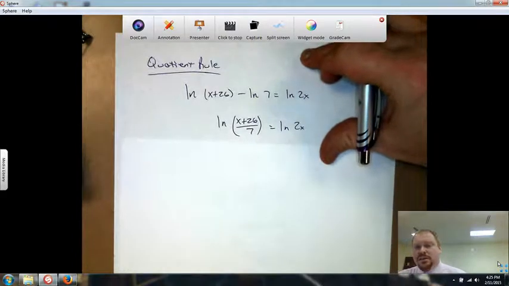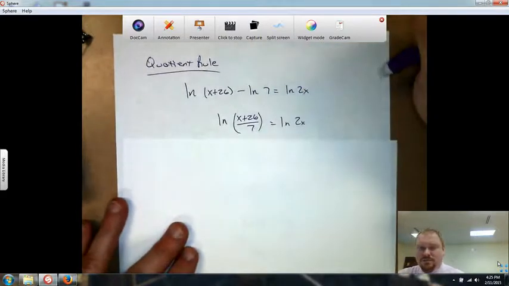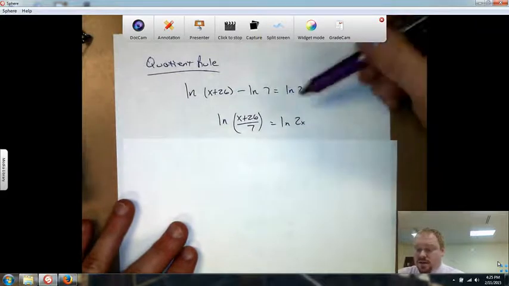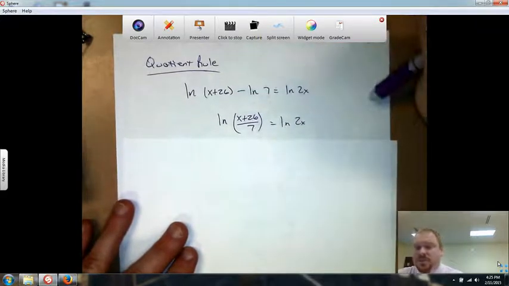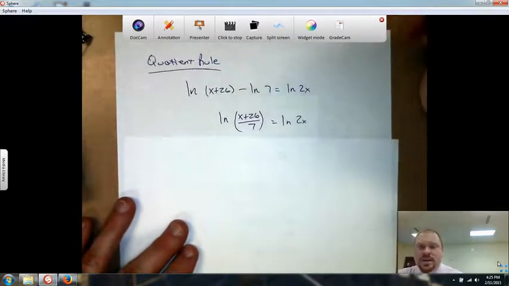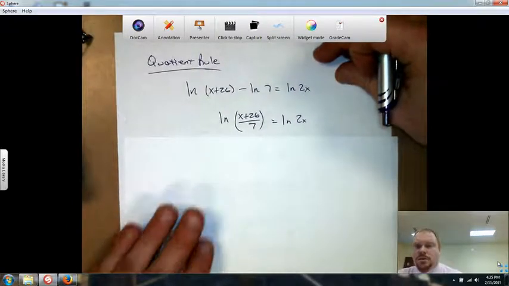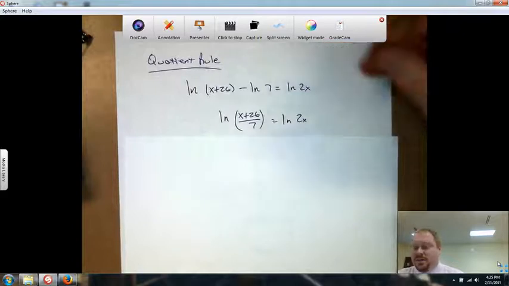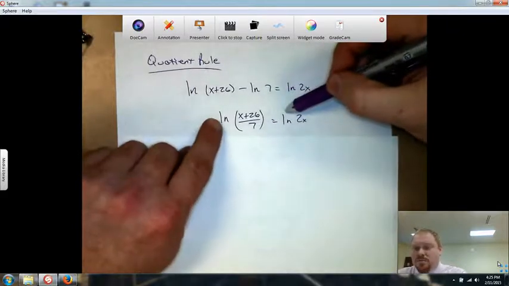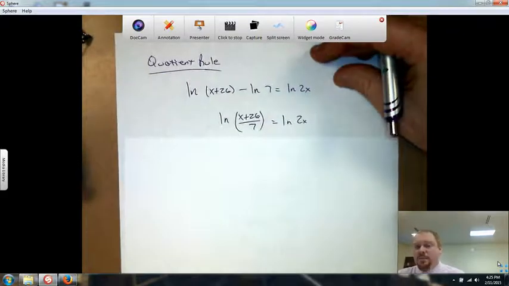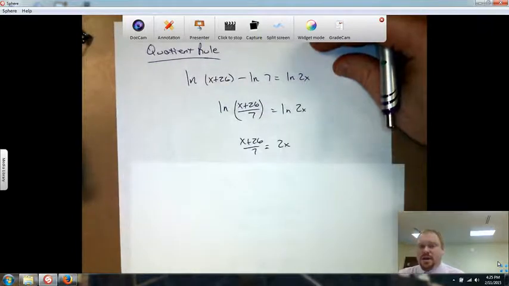So x plus 26 over 7. So the log of x plus 26 over 7 equals the natural log of 2x. Because these are the same logarithms with the same base, I can drop the logarithms. And I can just solve this now.